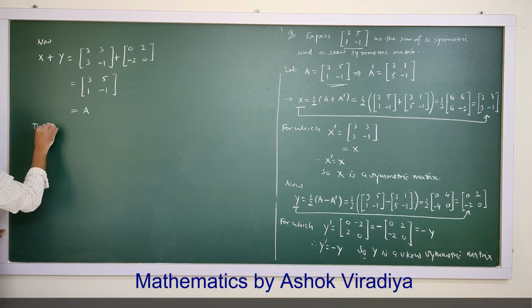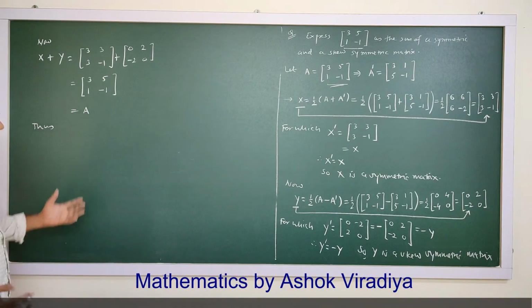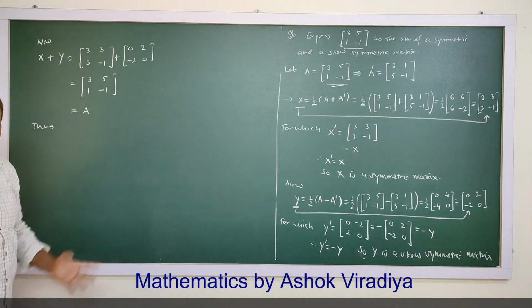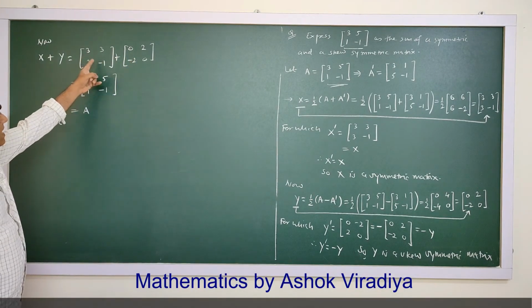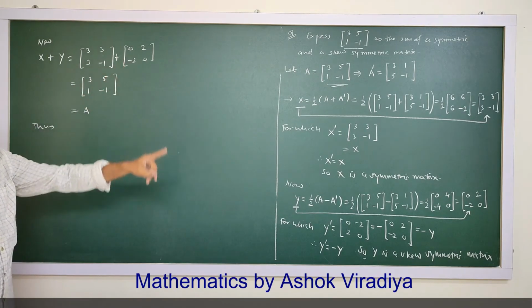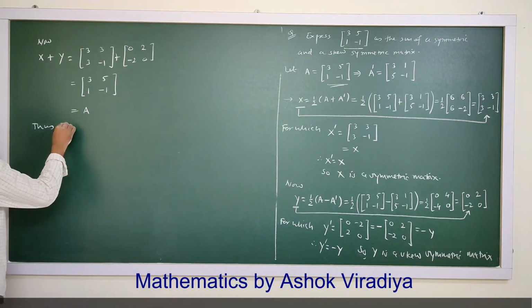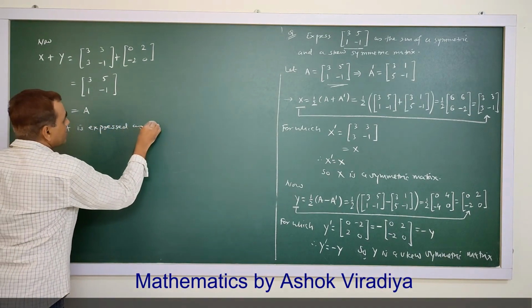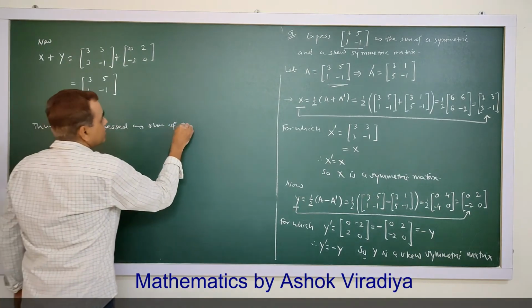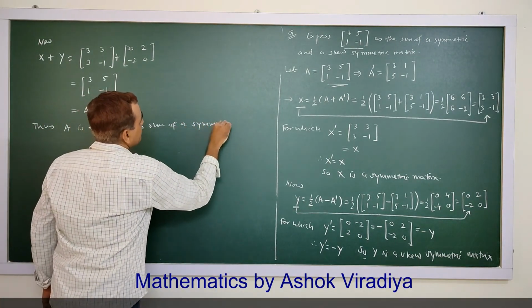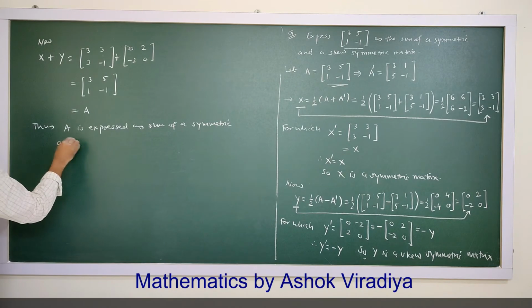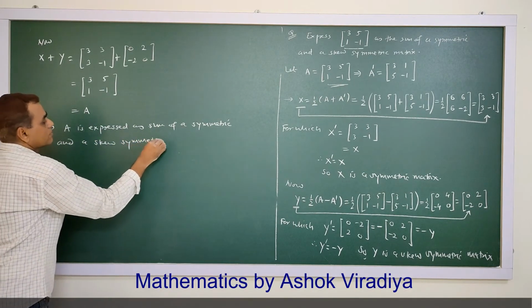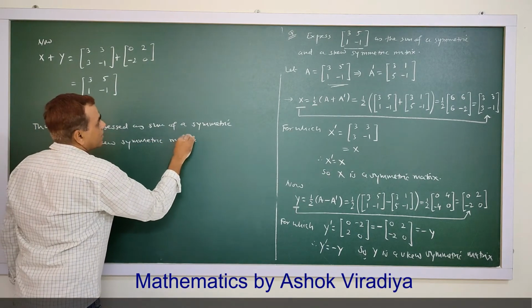Thus, we have expressed A as the sum of two matrices, in which the first matrix is symmetric and the second matrix is skew symmetric. Thus, A is expressed as the sum of a symmetric and a skew symmetric matrix.